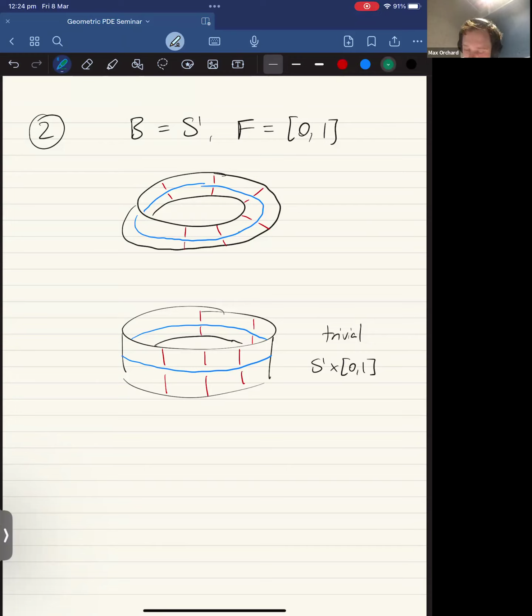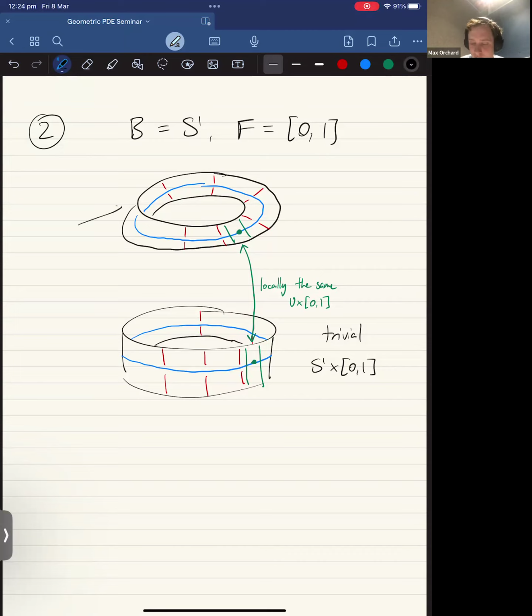And notice how locally, at every point, we look the same as the trivial bundle. So locally, we're trivial. So this is a fiber bundle.